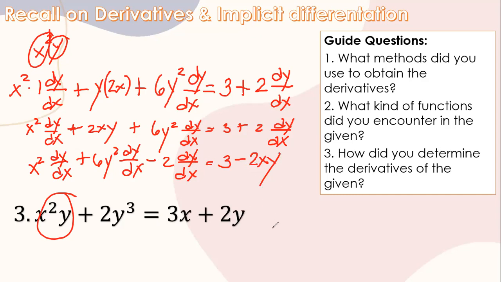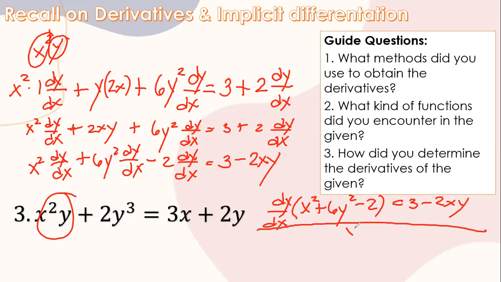Okay, so ifa-factor out lang natin siya. So, dy over dx, factor out ko. Ang matitira per term ay x squared plus 6y squared minus 2 is equal to 3 minus 2xy. Okay, bring down, divide both sides by x squared plus 6y squared minus 2.